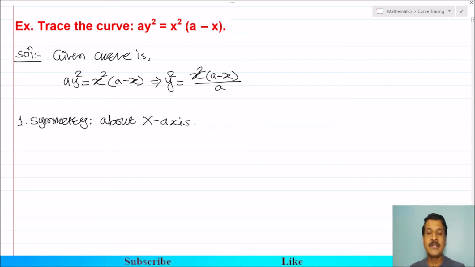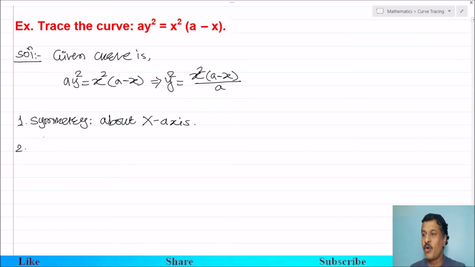Right? So first always check symmetry about the x-axis and symmetry about the y-axis. All powers of x are not even because x has power 1. So all powers of y are even, and therefore it is symmetric about the x-axis.